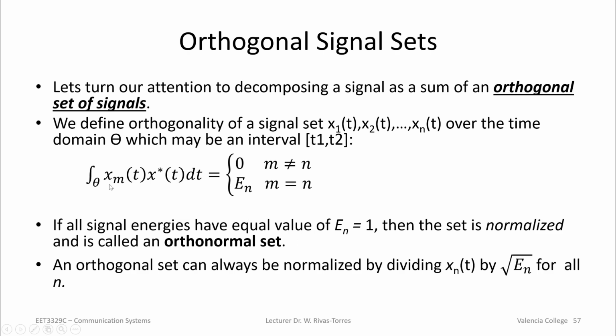Essentially, if we take a signal x of m, and we want to find a set of orthogonal signals, all of our signals, doesn't matter which ones they are, I should be able to take x of m, whatever the signals are, times the conjugate of my x of t, the signal of interest. When I do this, they should all be 0 unless m equals n.